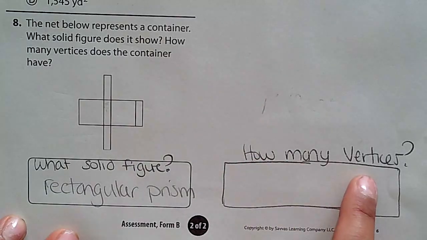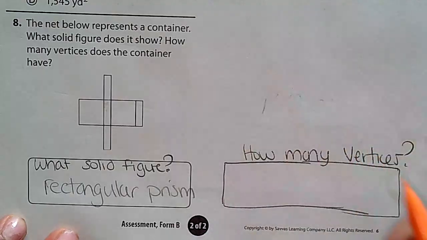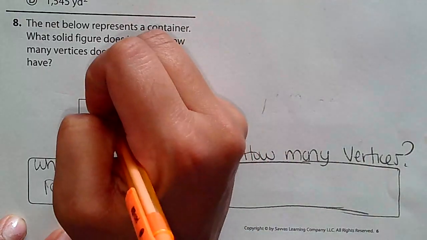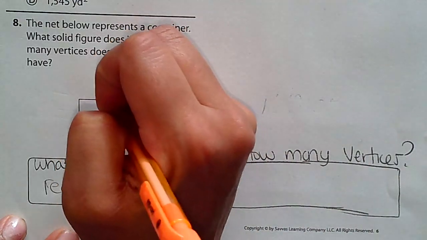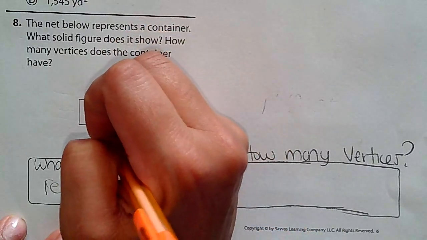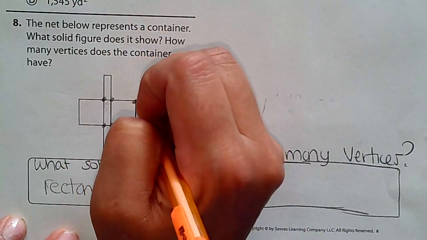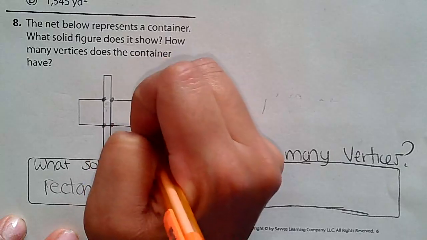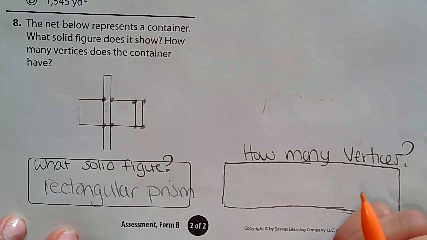And the vertices are like where the edges are, where they combine, right? So how many vertices? If I fold this up, they connect here, here, here, here, here, here, here, and here.